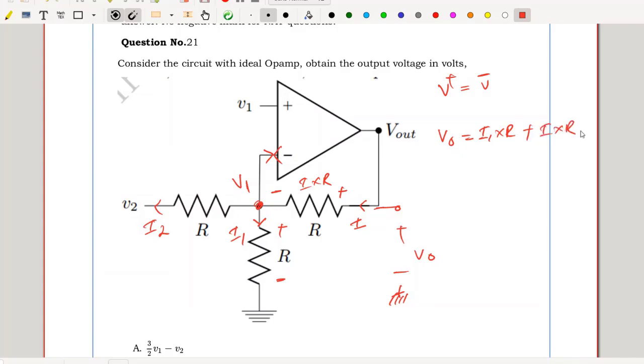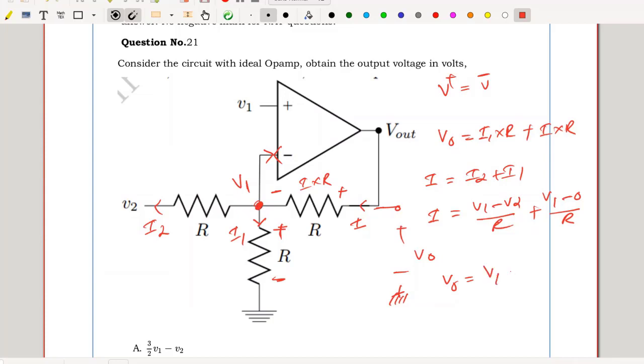And the value of I is nothing but I2 plus I1. I2 is nothing but V1 minus V2 by R, plus I1 is nothing but V1 minus 0 by R. Hence my V out is nothing but I1 multiplied by R. I1 multiplied by R is nothing but your V1 with respect to ground.